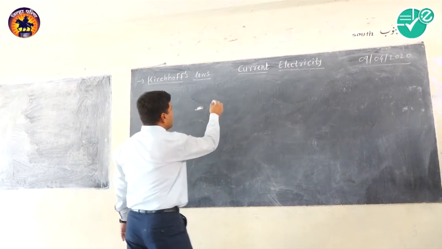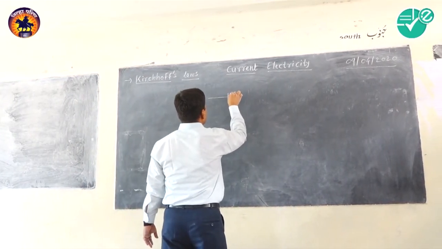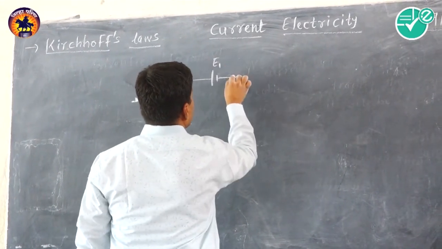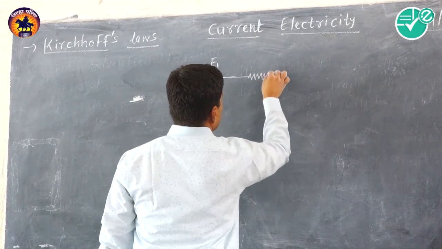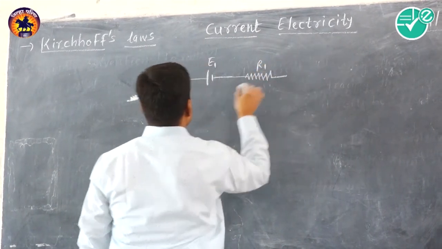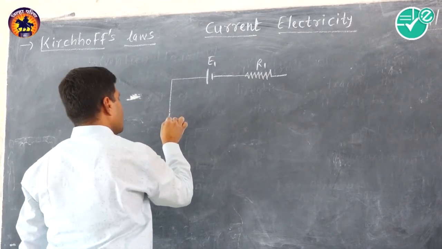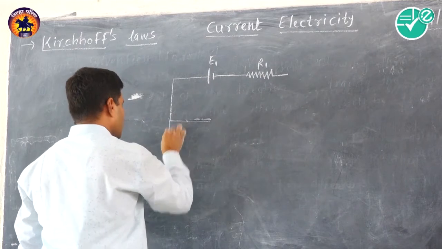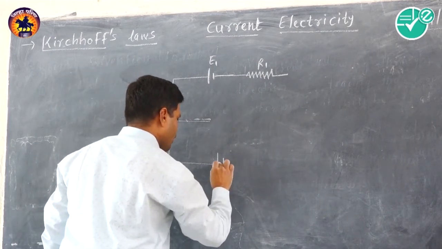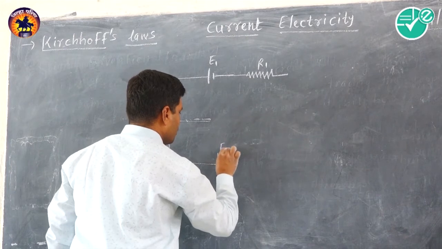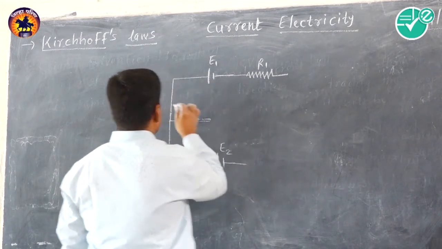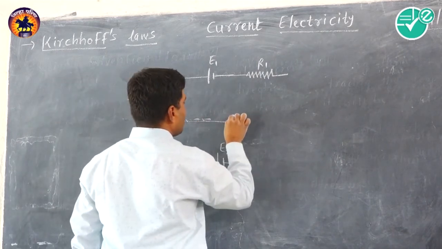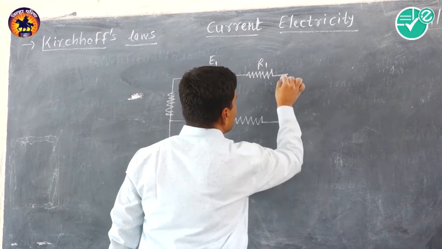So, we will go to the example to apply Kirchhoff's voltage law to a given electric circuit. First of all, I will draw an electric circuit. It consists of an EMF E1, a resistor, this is the resistor R1. It also consists of another EMF E2, and another resistor R3.